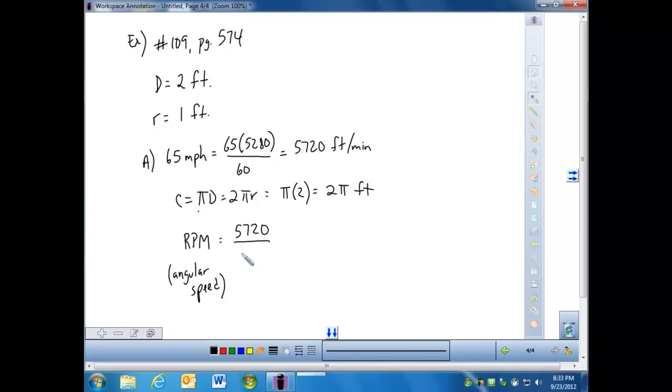So 5,720 divided by that 2 pi will tell you how many times we went around the circle, how many circumferences we have there. And when you work that out, you get just over 910 revolutions per minute. Again, pause this, make sense of that, make sure you understand what we're saying right now.